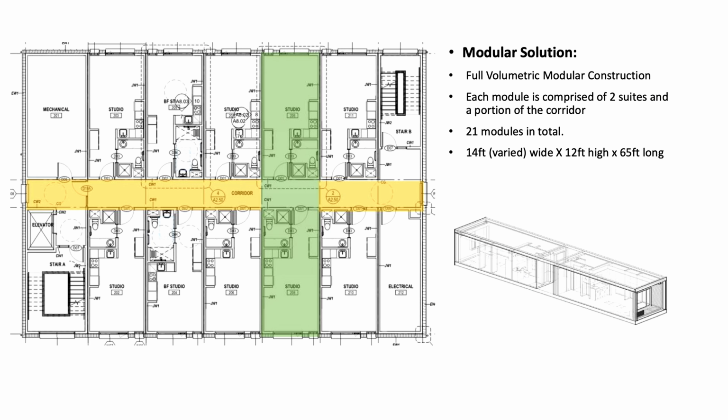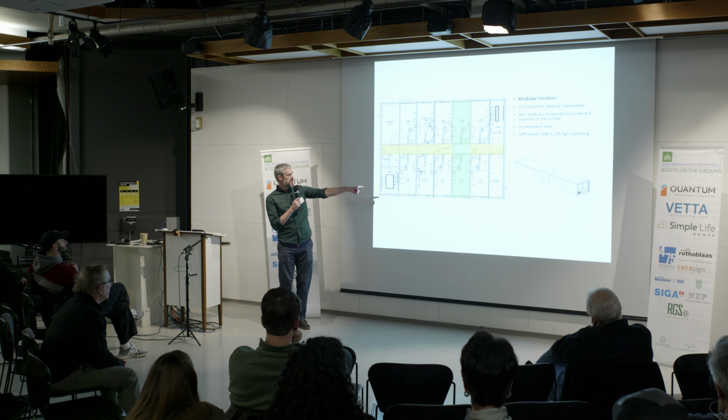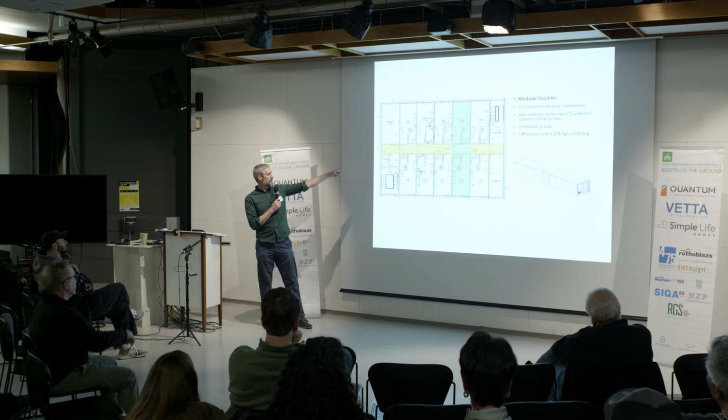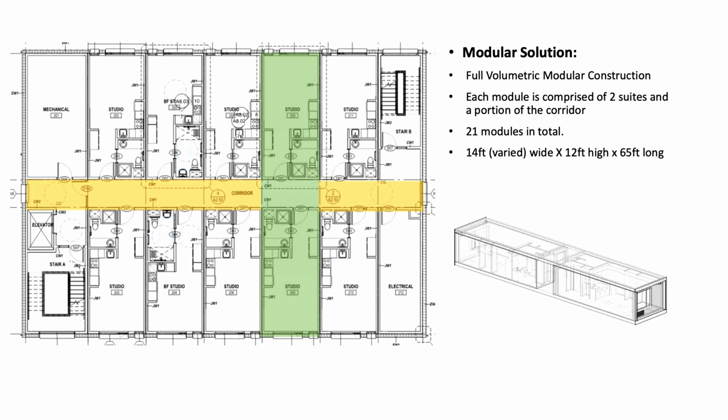So what are the volumetric modules that we used on this site? You can see on the right-hand side here, we have one module which is about 65 feet long. It is 10 foot wide on the right, where you see the electrical room and the stairs, and 14 foot wide on the left, where you've got the elevator module with the stairs and mechanical room, which was necessarily larger.